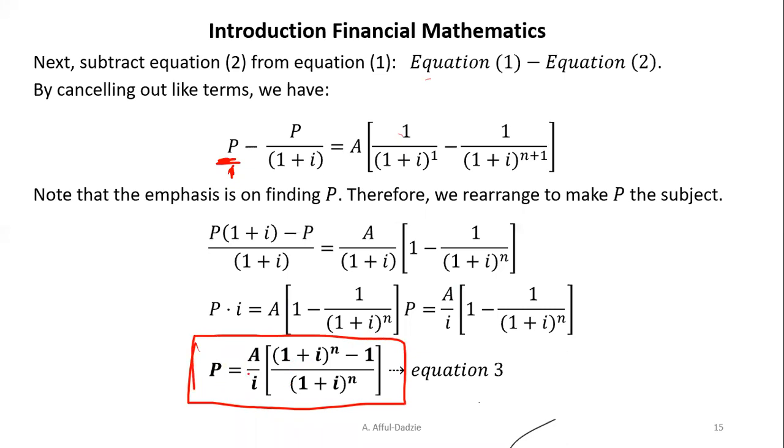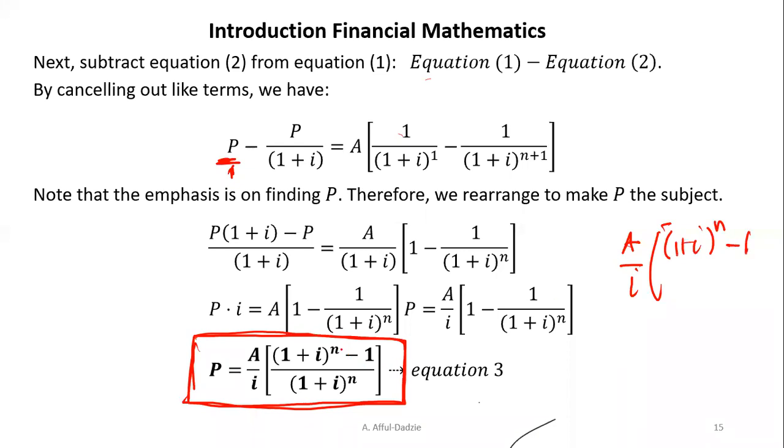So guys, if you want to find the present value for a uniform cash flow, this is the only thing we need. All these other things do not really have any bearing on what we are doing here today. So if you want to find the present value of a uniform cash flow, we say it is the annuity over the interest, all into bracket 1 plus the interest to the power n minus 1.